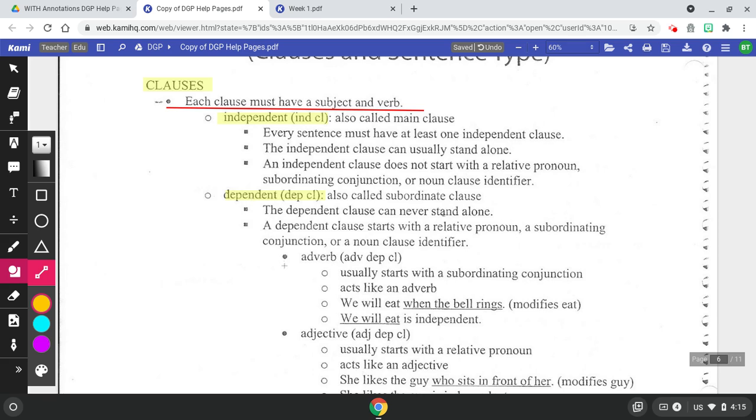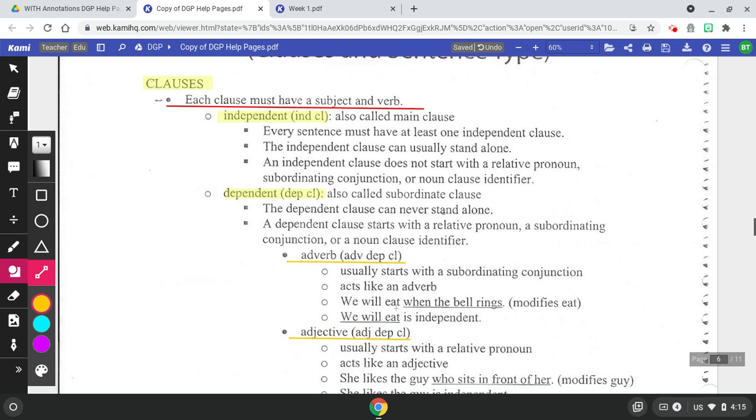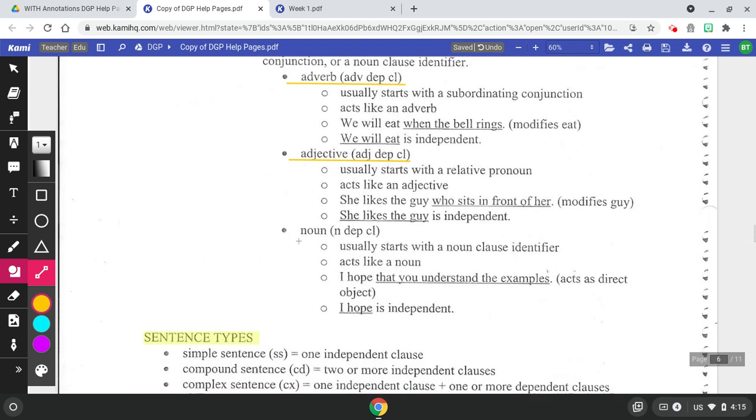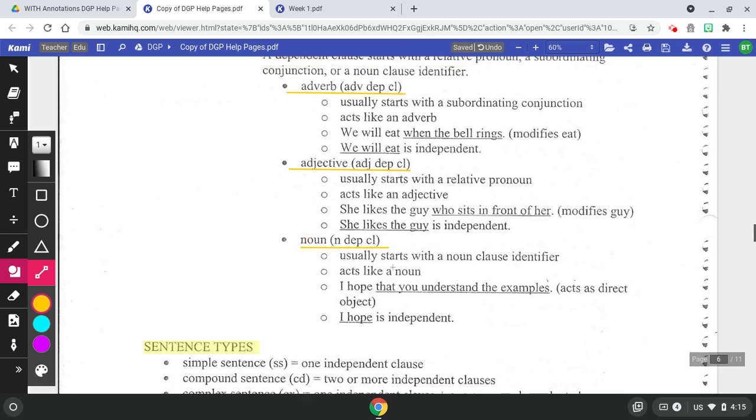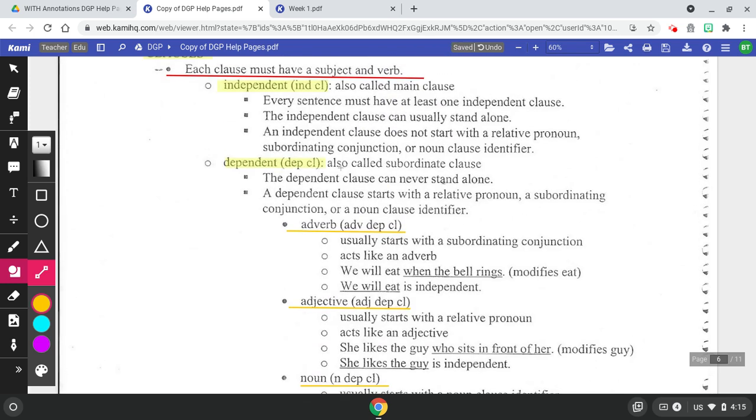All right, so for dependent, you could have an adverb dependent, an adjective dependent, or a noun dependent clause. So that's just to let those stand out, okay? But the most important thing you should take note of right here is that every sentence must have an independent clause, okay?